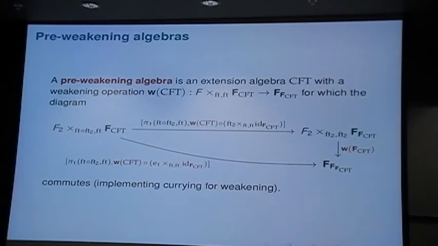So to implement this currying rule, you are going to draw a new commutative diagram. The diagonal thing, which is curved, is saying you weaken by something which is extended, and the upper thing is saying weakening twice, and that has to commute. All the fluff around it just makes sure that you have the right domain and codomain, but it's doing nothing.